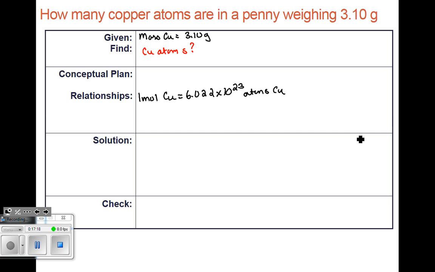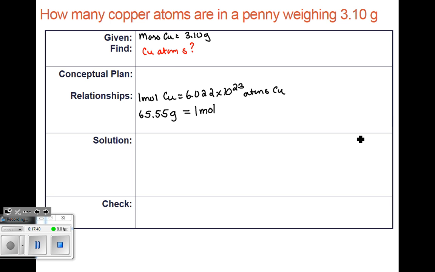So if I look on the periodic table, what I'll find is my molar mass of copper. And my molar mass of copper is 65.55. So that tells me that I have 65.55 grams per mole. And remember that the 65.55 is our grams, and that's related to 1 mole.